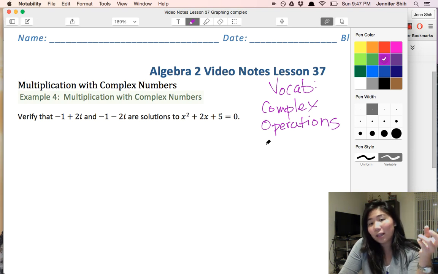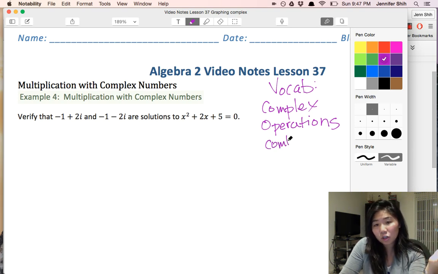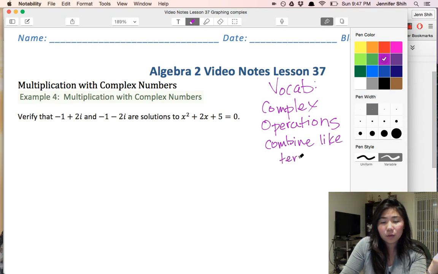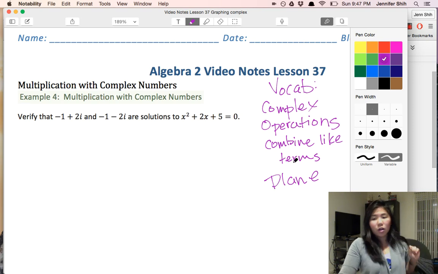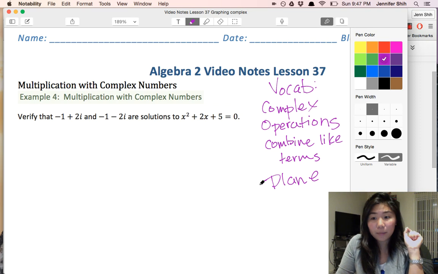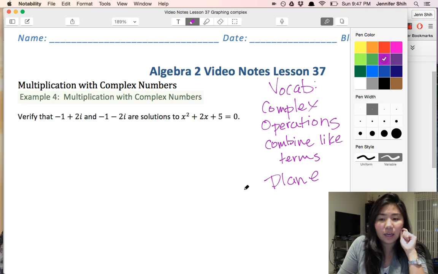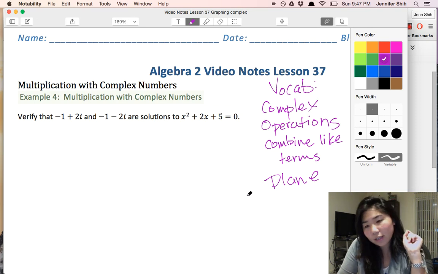We're going to combine like terms. We are going to be talking about a plane, a coordinate plane. In this case, it's going to be a real and imaginary plane where we are going to plot points on a complex plane, and I will add more on there as they come up.